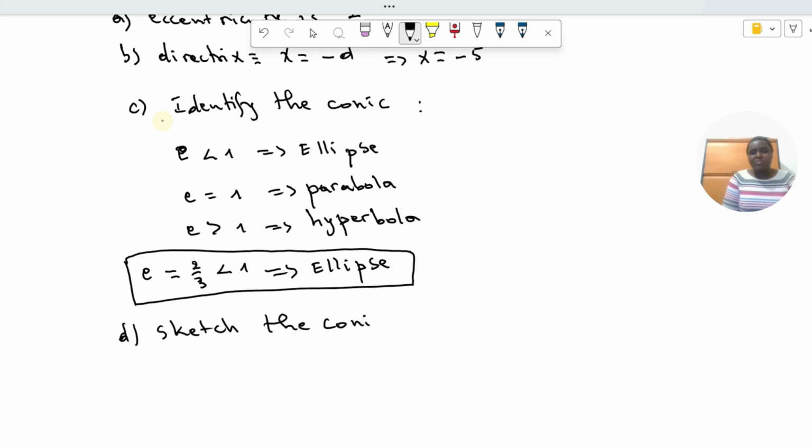And how are we going to sketch the conic? All what we have, we need to know at least the foci, and the foci is at the origin, because this is said to be a standard conic. And then we need to know the vertices.